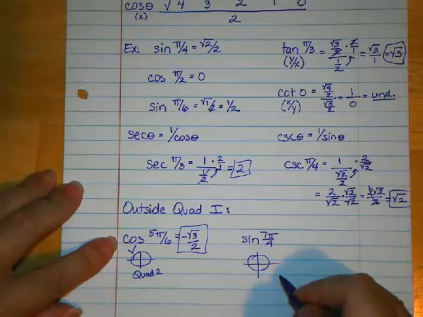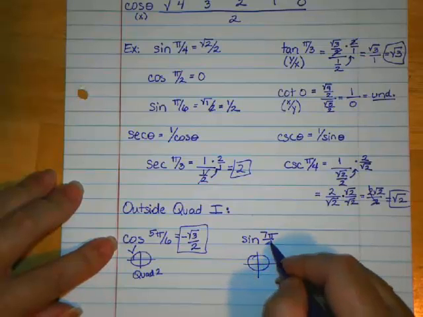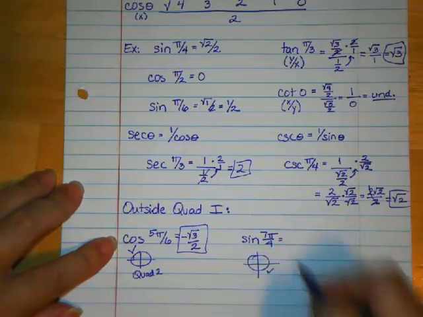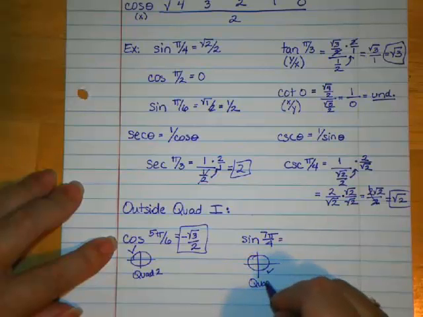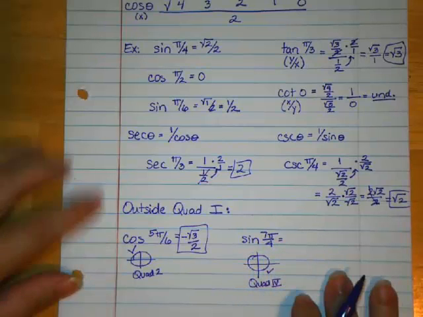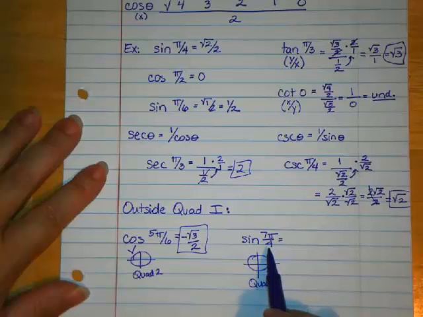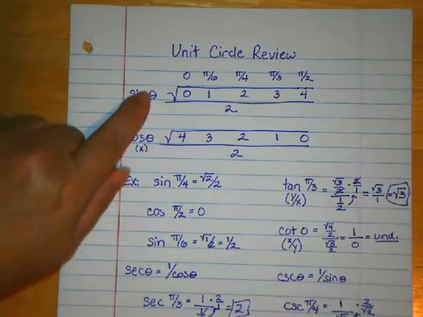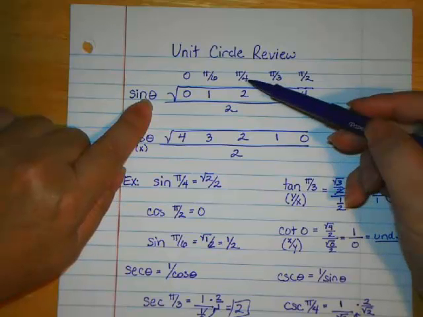Okay? Let's try another one. Sine of 7 pi over 4. Okay? Where is 7 pi over 4? You must know where these are. That's the only thing you need to know from the unit circle, is what quadrant these angles are in. 7 pi over 4 is down here, quadrant 4. Okay?